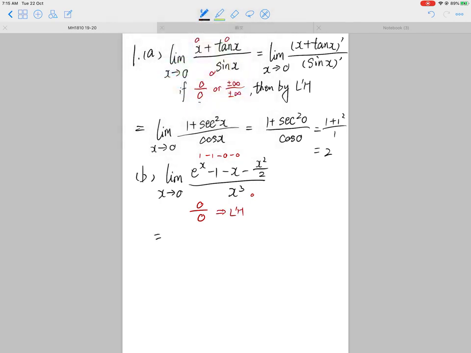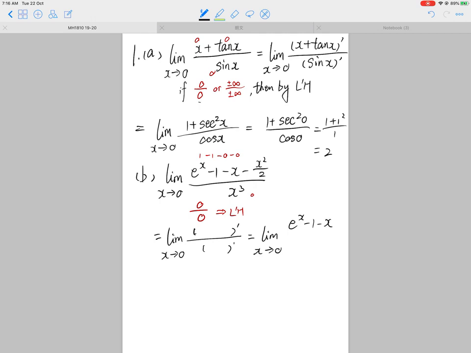It equals the derivative of the top over the derivative of the bottom. So the top's derivative is e to the power of x minus 0, minus 1, minus x.